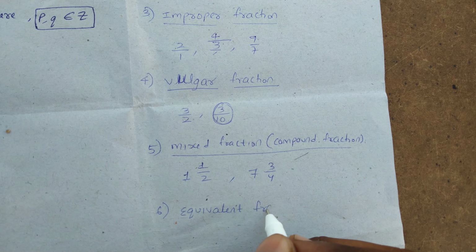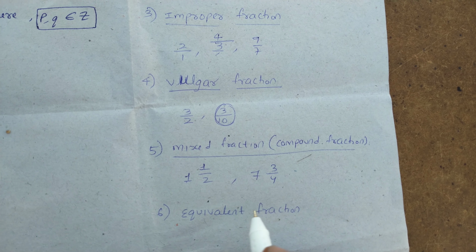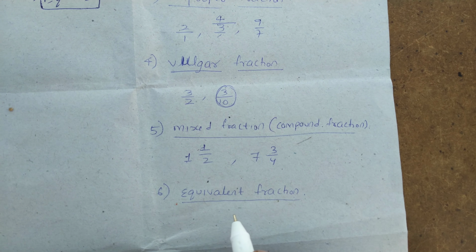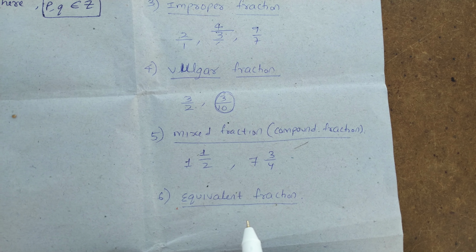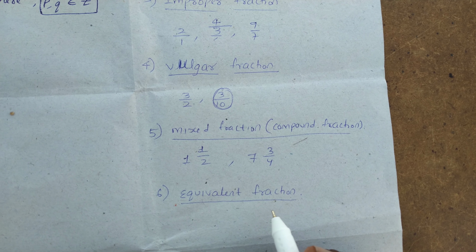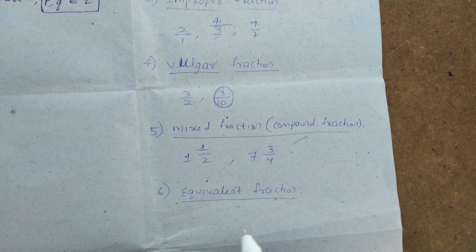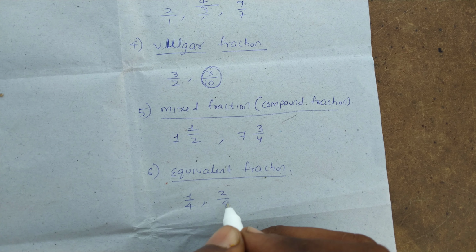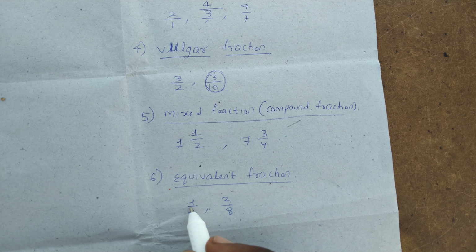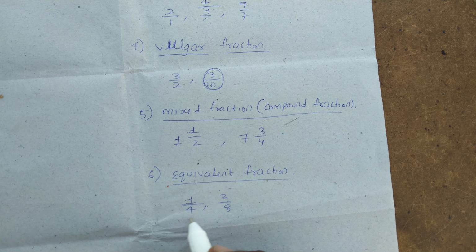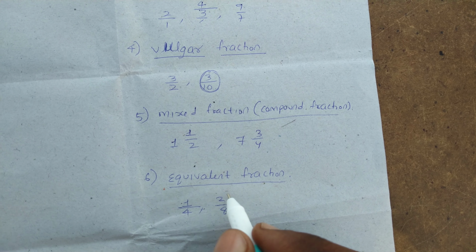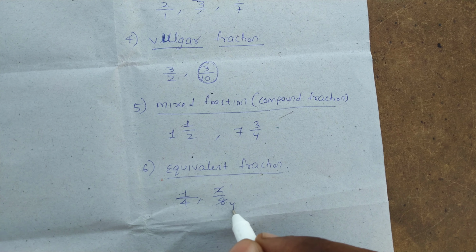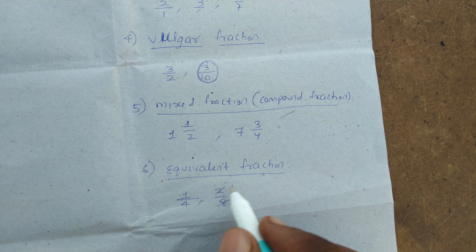Clear? And one more fraction is equivalent fraction. What is this fraction? Fractions that represent the same part are called equivalent fractions. Suppose 1 by 4 is there, and 2 by 8 is there. 1 by 4 is a fraction, right? 2 by 8, we can cut this 2 by 8, 2 ones are 2, 2 fours are 8, again you get 1 by 4 only.